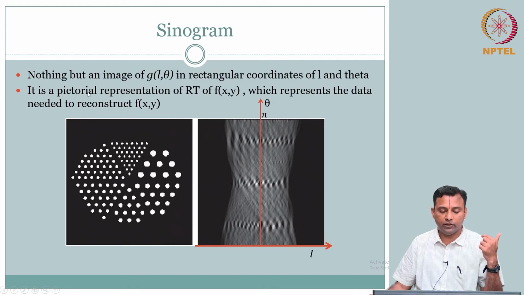If I project from 0 degrees, for example, this object looks to be the fattest. It is more wide than tall. So, if I project from here, my length will be more. So, this is 0 degrees, for example.